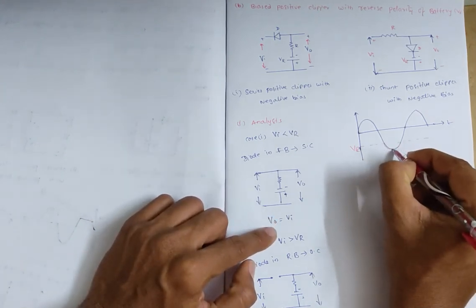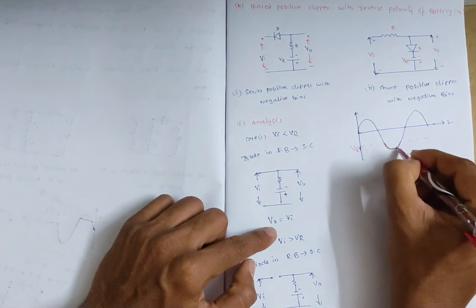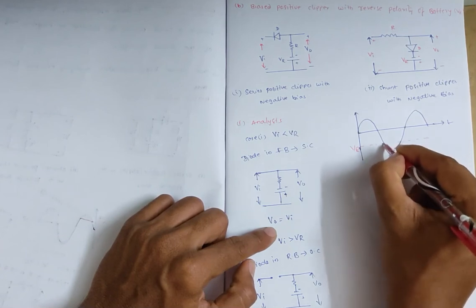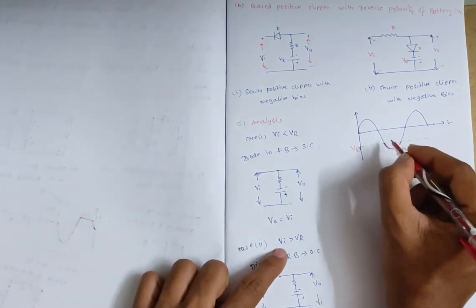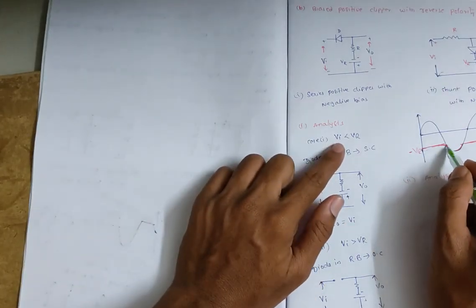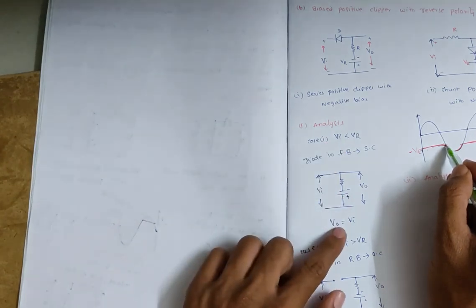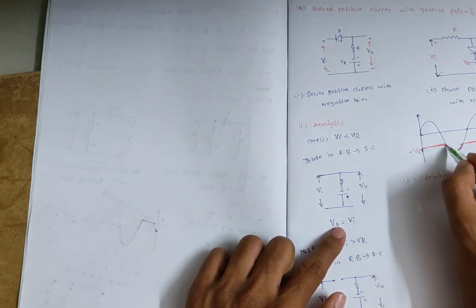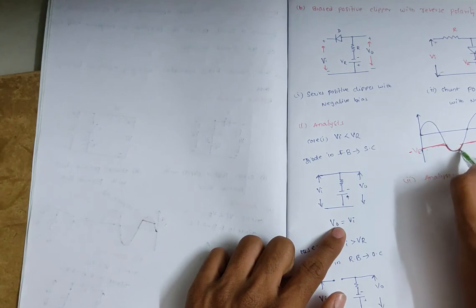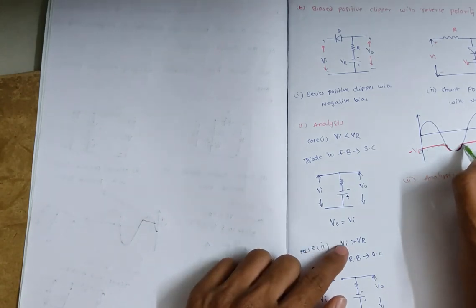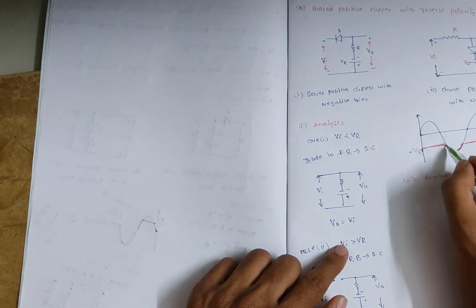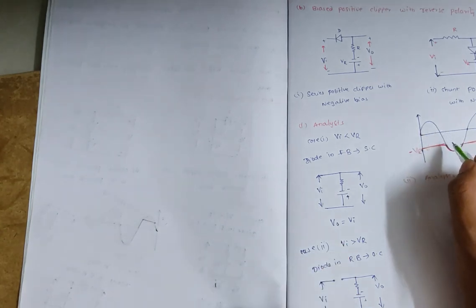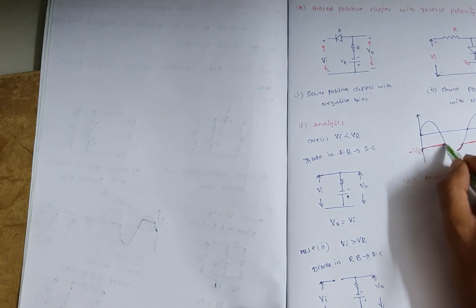So we get this kind of output. Below the reference voltage, the output is Vi only. Here it is our VR, so below the reference voltage means this value only, and this value will be available at the output. And when Vi is greater than VR, this part above the VR, V naught equals minus VR. So we will get this kind of output waveform here.